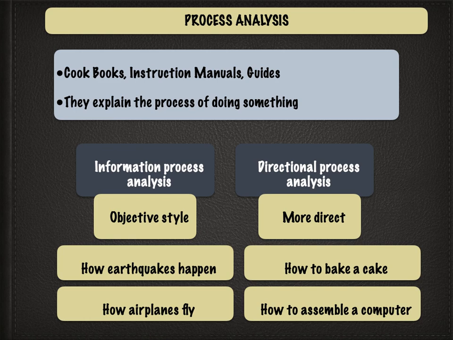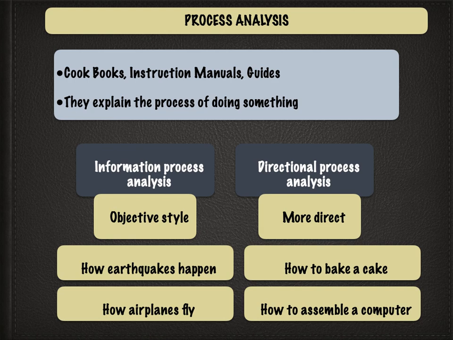So there is a logical method like 1, 2, 3. It has to come on that logical plane. Now, process analysis happens in two different ways. Now, one is informational process analysis and the other one is directional process analysis. Now, informational process analysis is actually in an objective style because you are just giving information, nothing more than that.